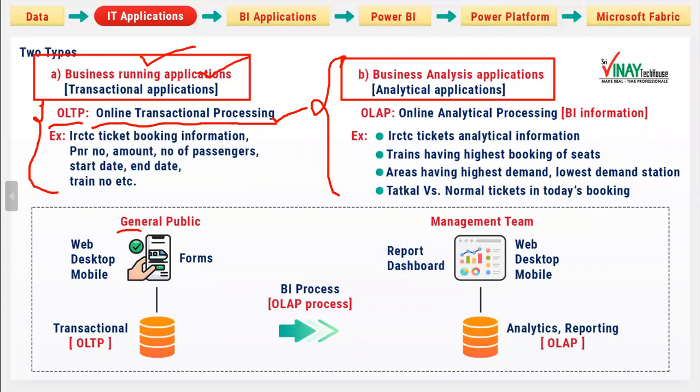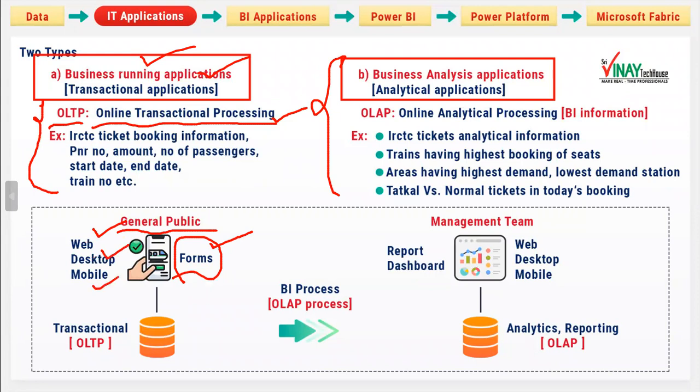The general public uses forms. You want to book a train ticket, how do you book? You fill in the details in a form only. But how? Via web, a web application, irctc.co.in. Via desktop, you reach the ticket counters, where they open a machine and fill in the form.